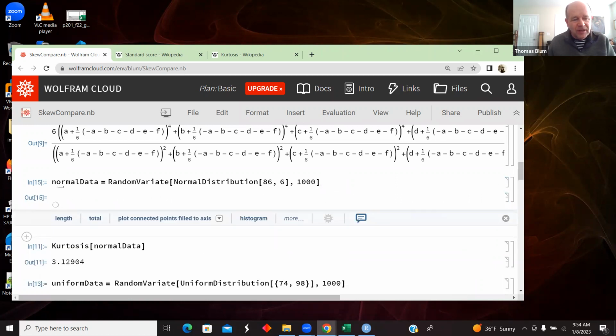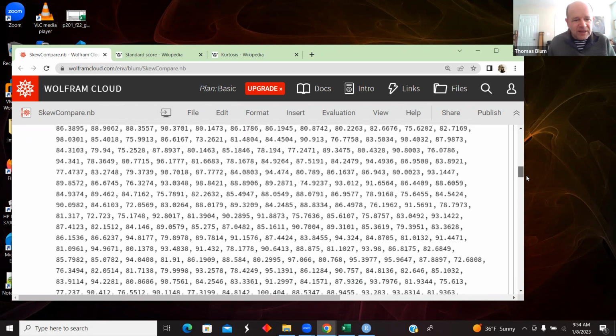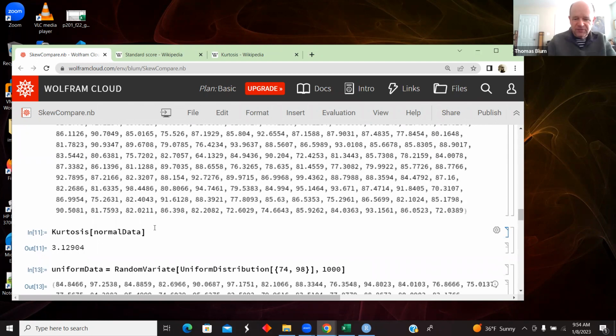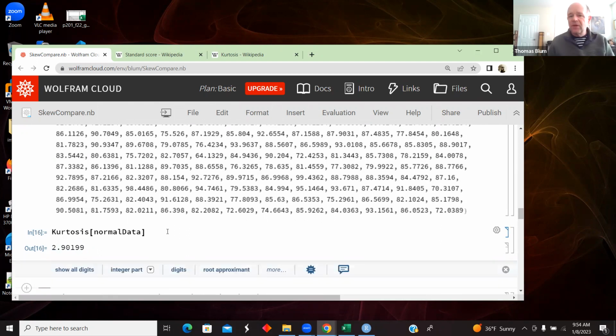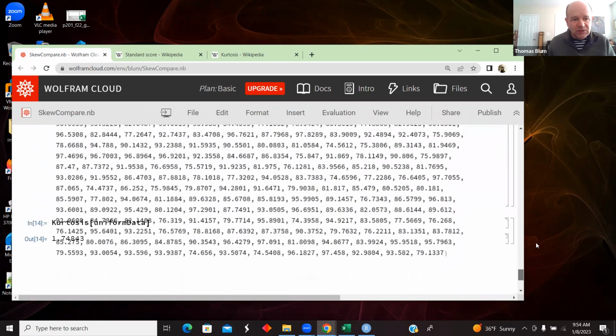So I'm generating 1,000 data points, 1,000 samples, and then I'm going to take the kurtosis of it. And you see my previous kurtosis was around 3. This is going to be a different number, but also around 3. Okay, so I'm hovering around 3.